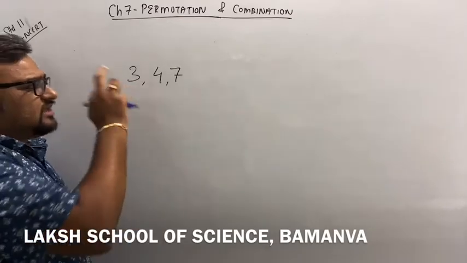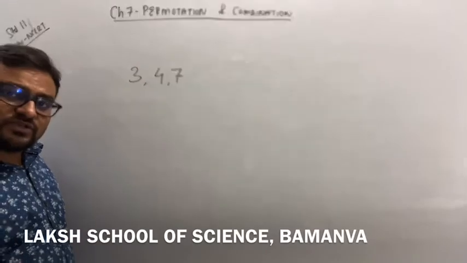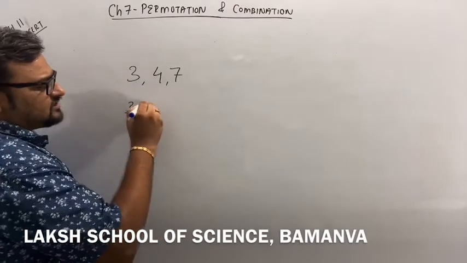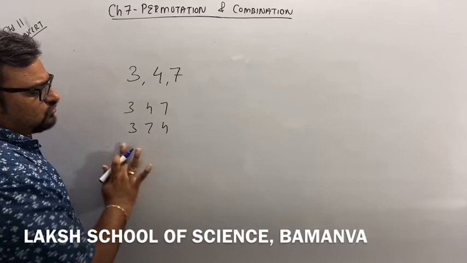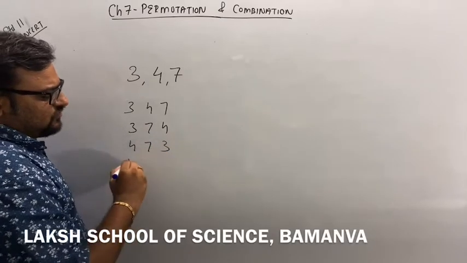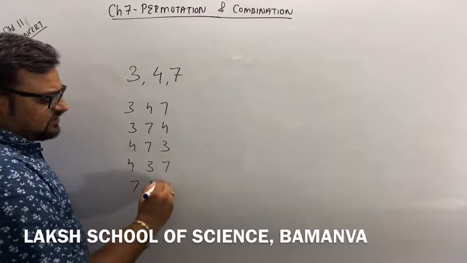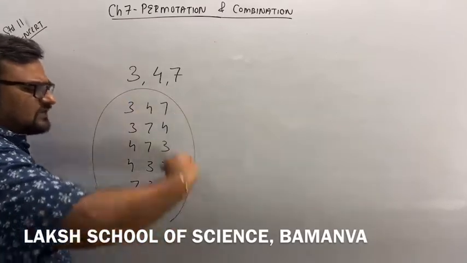Means you can take 3 only once, you can take 4 only once. So how many ways? You can take 347, 374, 473, 437, 734, 743. So these are the six numbers.